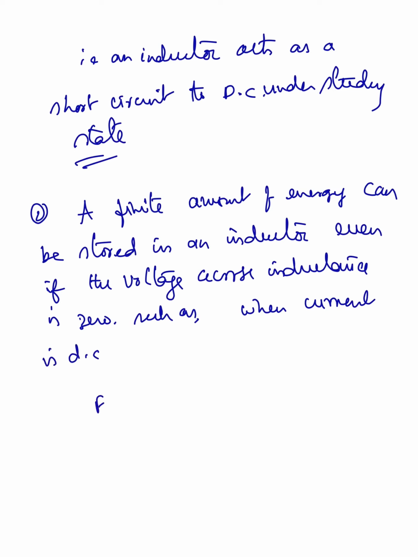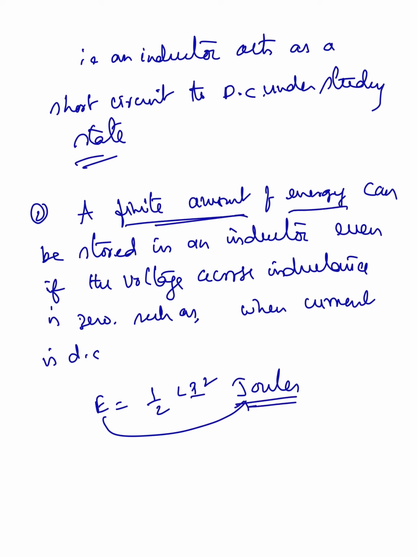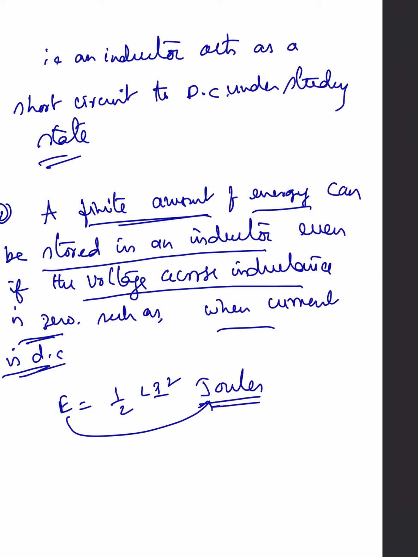How much energy will be stored in it? Half L I squared joules. The energy unit is joule. Note it down. A finite amount of energy can be stored in an inductor even if the voltage across the inductance is 0 when current is DC. Okay? This is the second characteristic of an inductor.